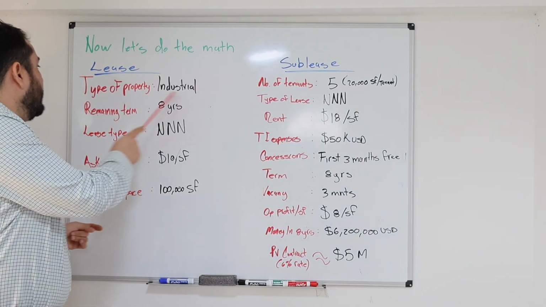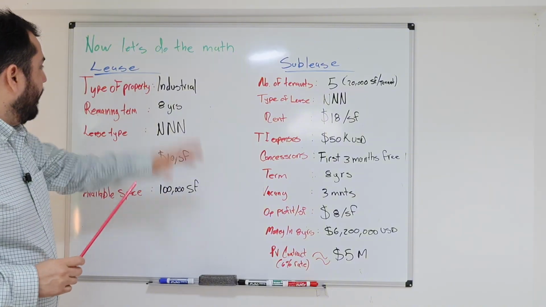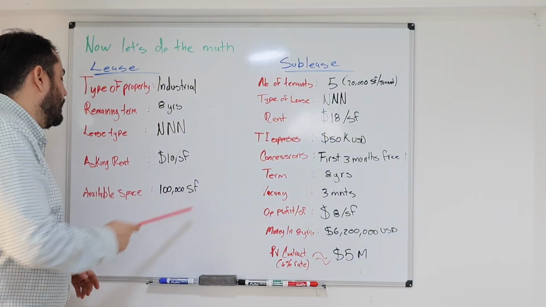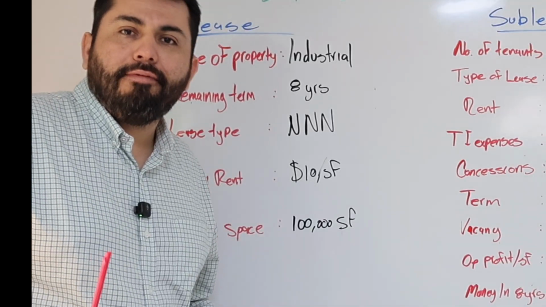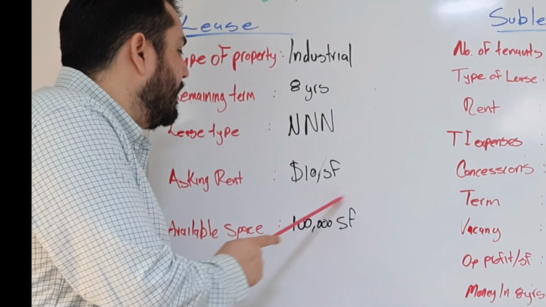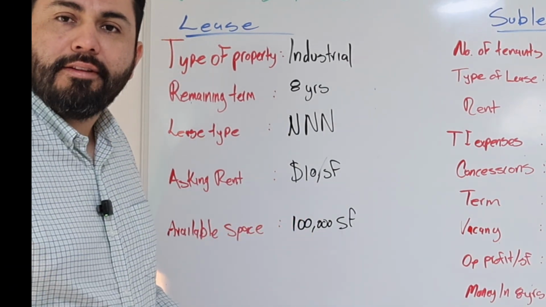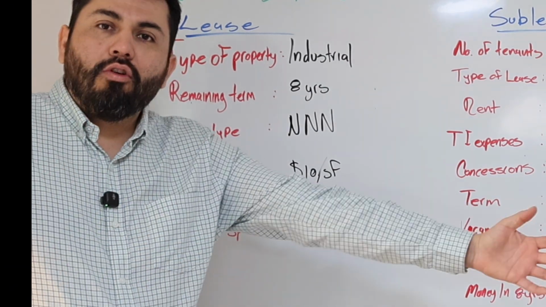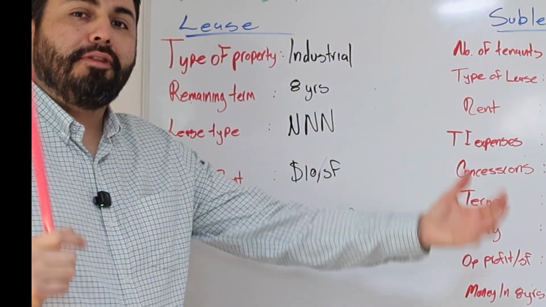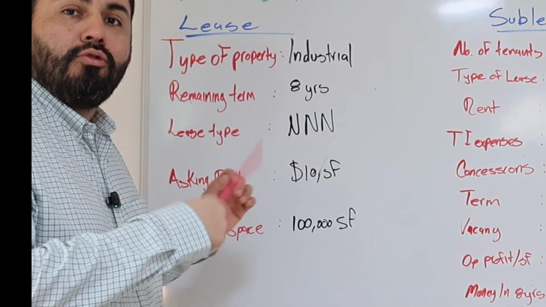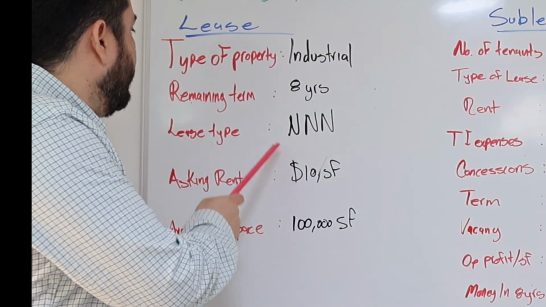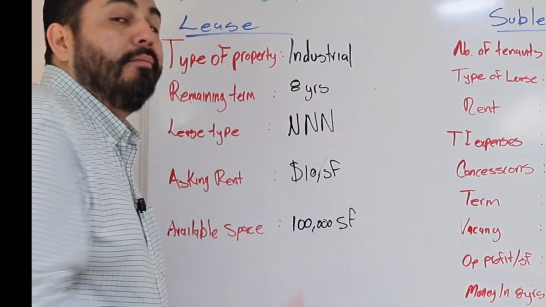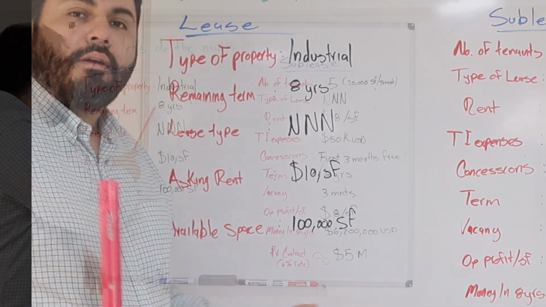So for this example, we have a warehouse. This warehouse is about 100,000 square feet. They are leasing it for 10 per square foot.